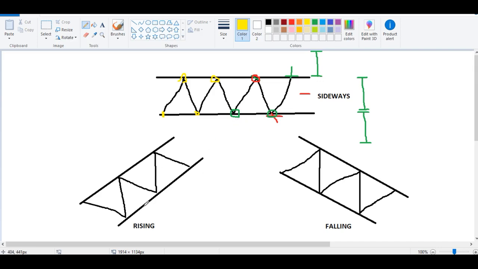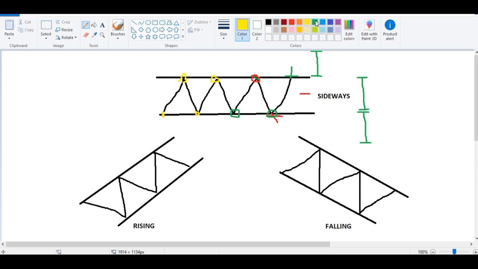Now let's come to the rising channel. In a rising channel, price is in a nice uptrend with higher highs and higher lows, as simple as that.